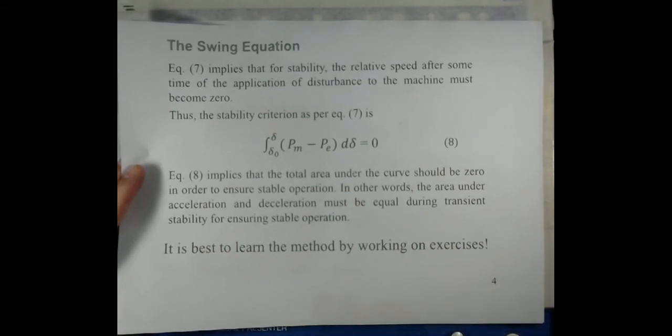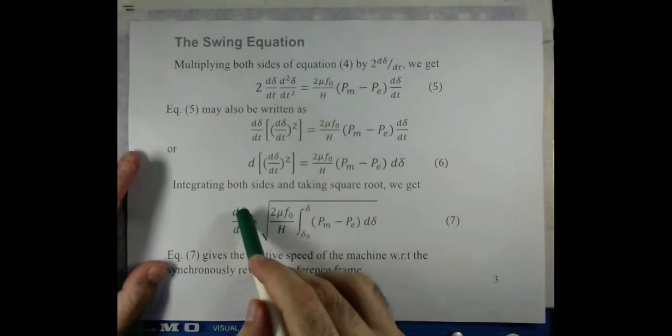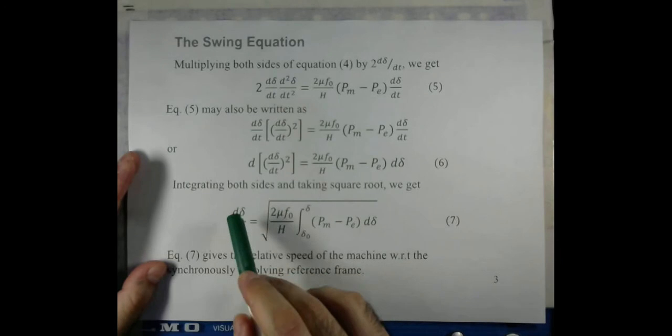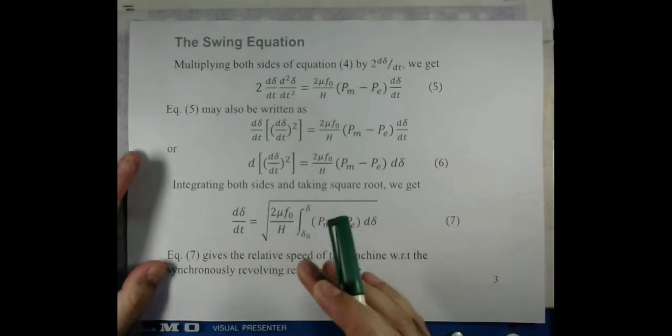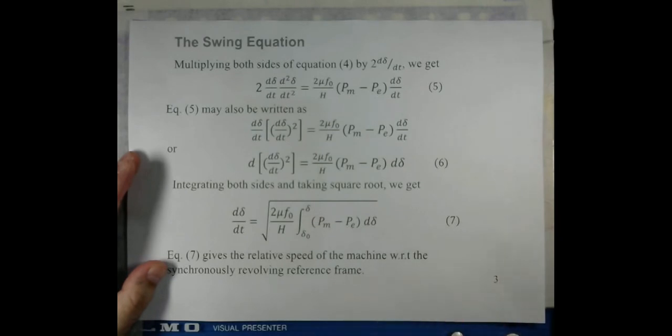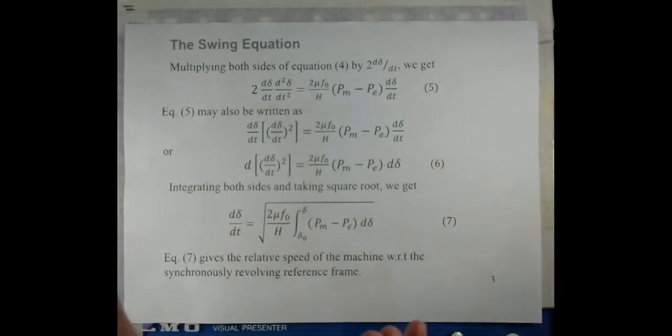So the important point is that if disturbance appears, this variation in the angle after some time must become 0, because if it continuously increases, then the angle may increase beyond the theoretical maximum limit. That leads to unstable operation, or to the loss of synchronism. I discussed that in the last lecture when I was talking about the two equilibrium points.